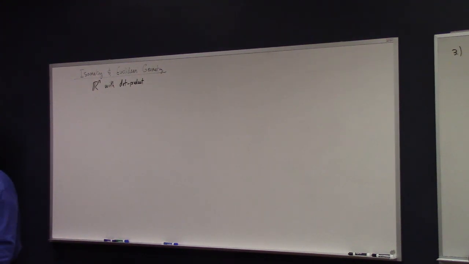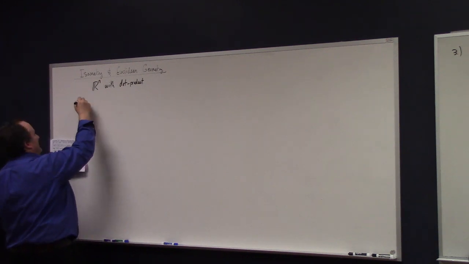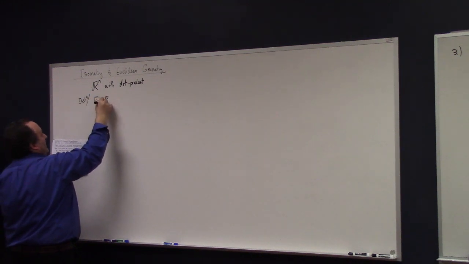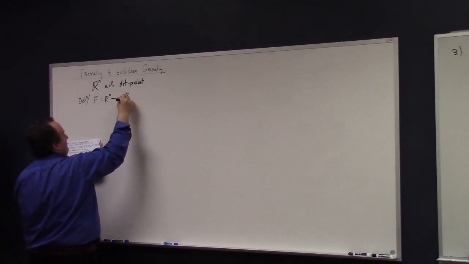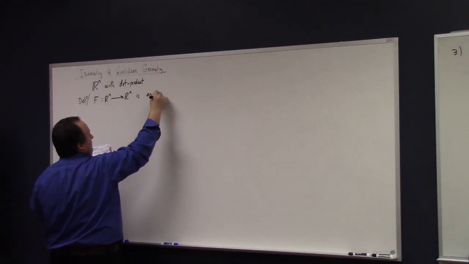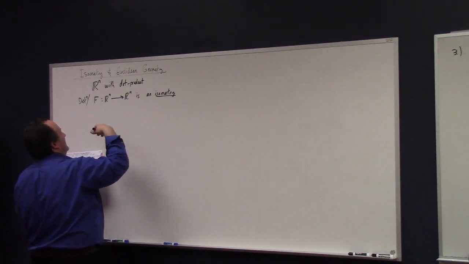But more specifically, excuse me, definition here. This will give it a little more texture. F, a mapping from Rn to Rn, is an isometry. It's not really that.